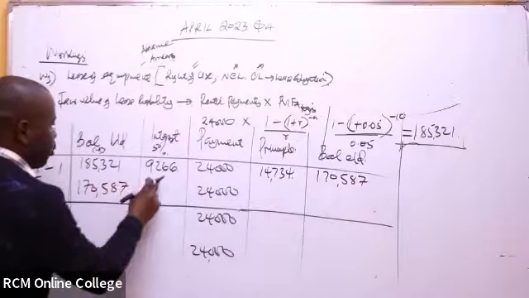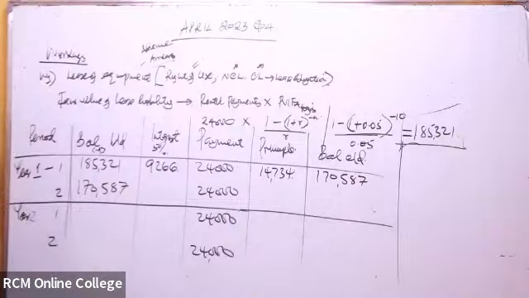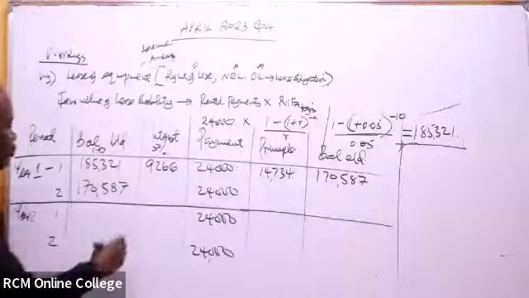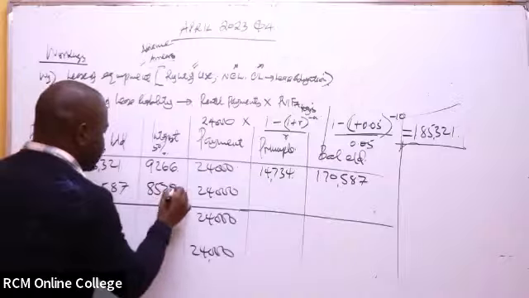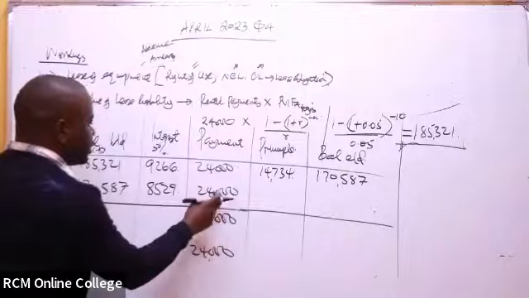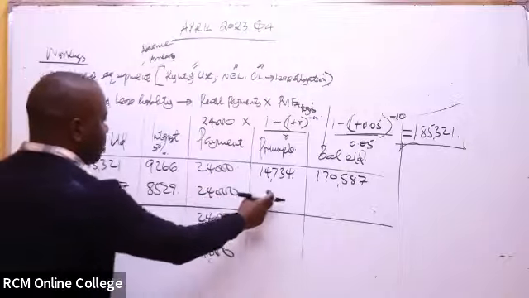170,587, you continue with the cycle, 5% of it. That gives 8,529. Then they paid 24 million. Of these 24 million they were paying, what was the principal amount they were settling?